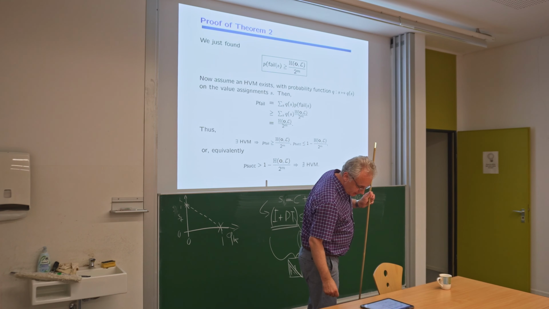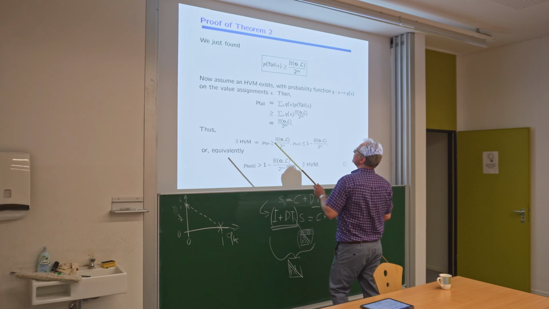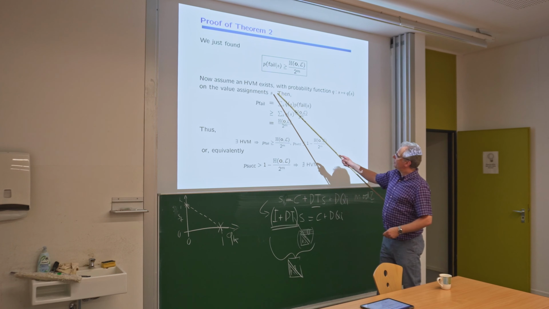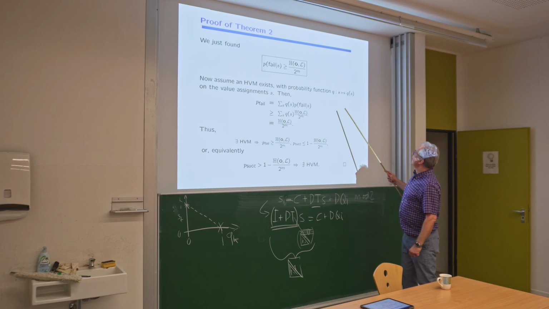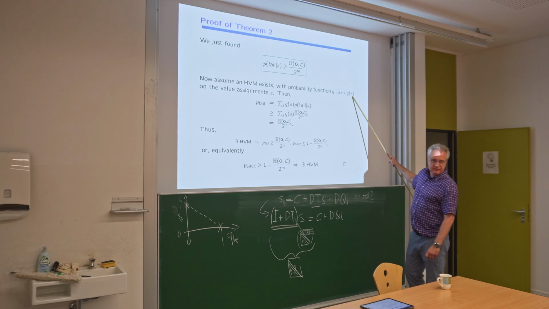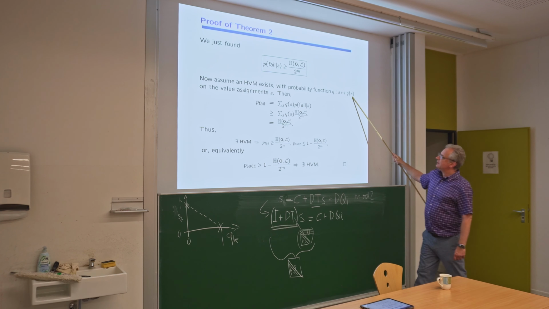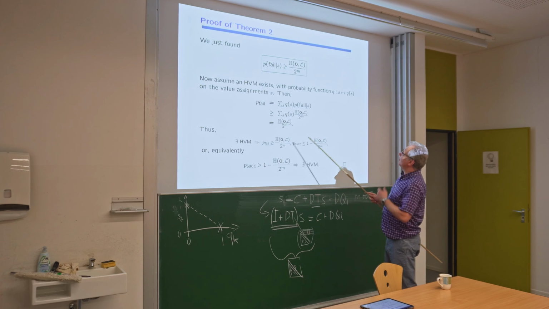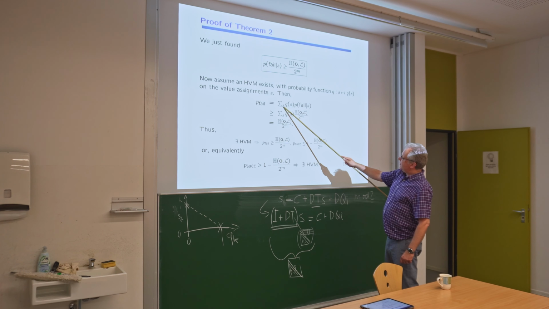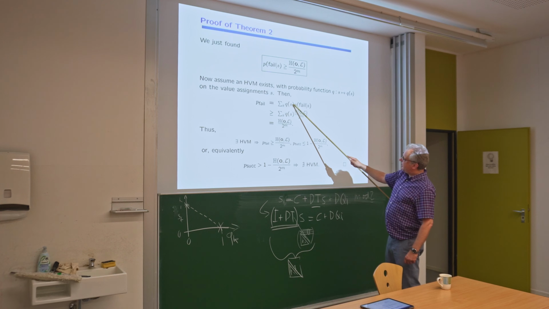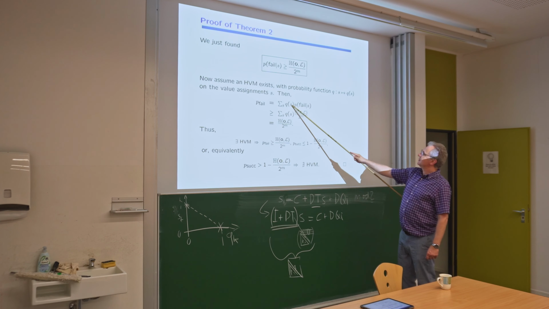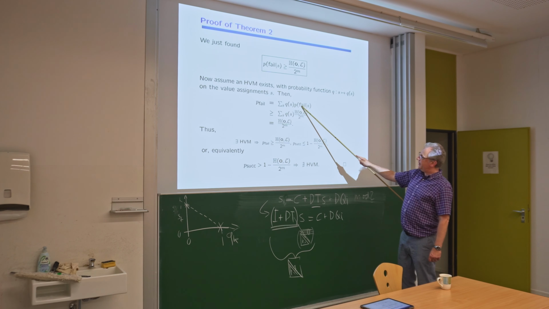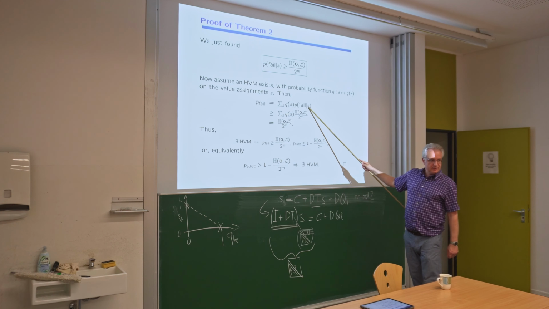Okay. And so now let's assume the hidden variable model exists and we have some probability function over the various value assignments. Then the overall probability of failure is the sum over all value assignments of the probability of a given value assignment times the conditional probability of failure given that value assignment.